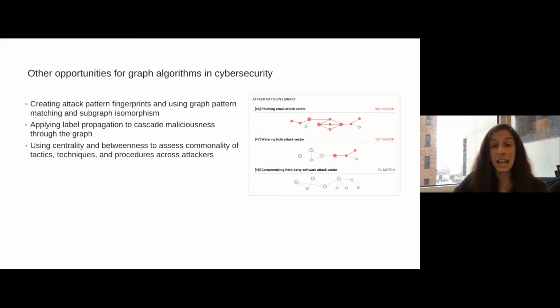One of the main ones is actually around creating attack pattern fingerprints so that you can then look for these subgraph patterns within a larger graph and look for subgraph isomorphism, where you're really looking for the pattern of nodes and relationships and labels and properties and potentially directionality and trying to find those patterns elsewhere in the graph. You can also apply label propagation to cascade maliciousness throughout the graph.